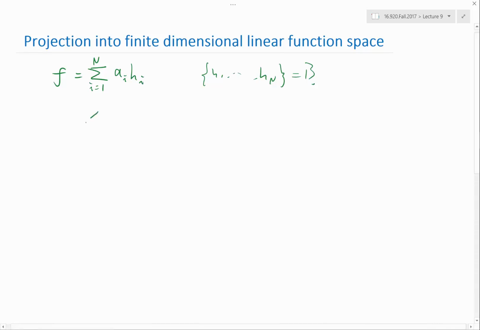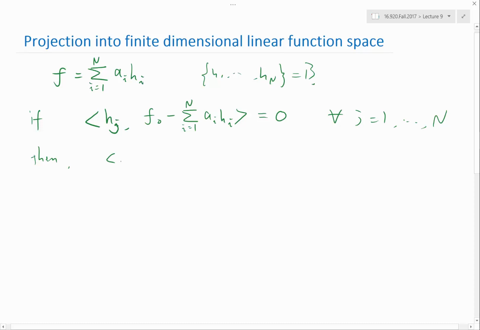what I'm saying is that if h_j inner product with f0 minus this, let me use j here, sum of a_i times h_i is equal to 0 for any j, then this should be true for any df, right?